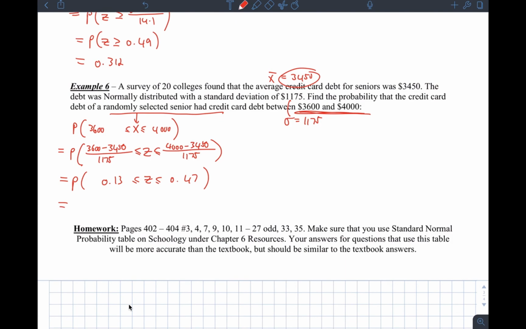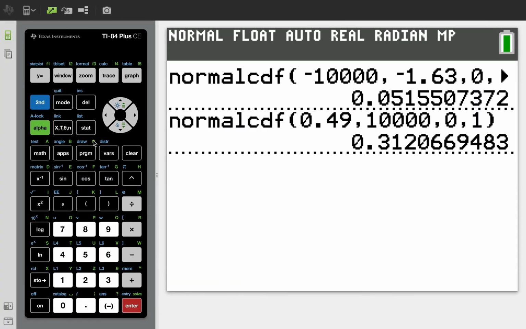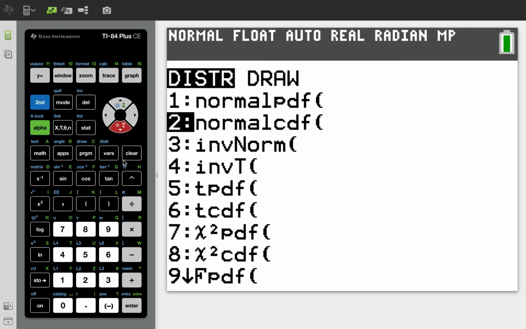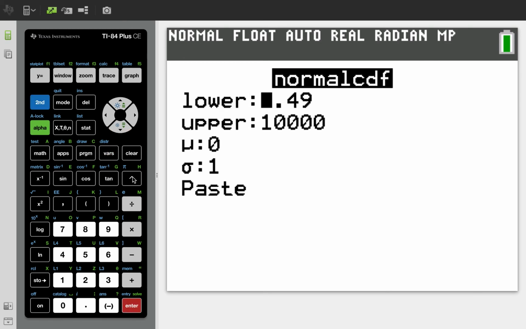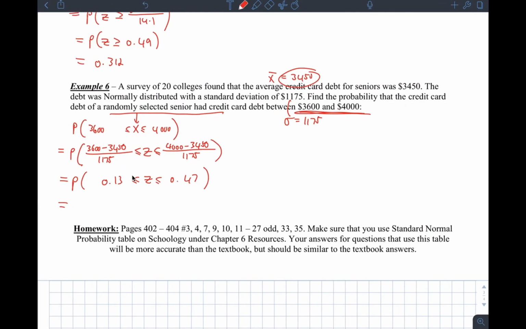And now your calculator can do this very, very easily too. No problem. All you do is you go back here and you say second distribution, normal CDF, enter that, and my lower bound now, let's draw a picture here again to show you what we're actually doing. Here's my standard normal distribution, mean 0, standard deviation 1, and so on, okay.